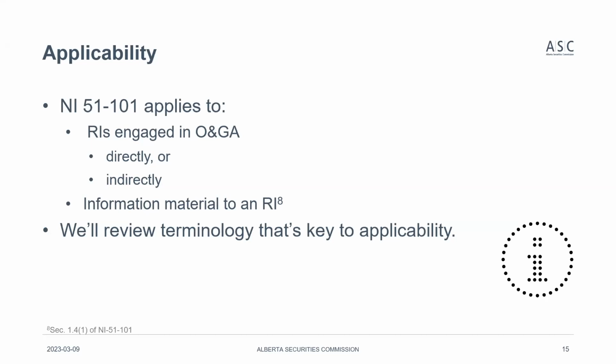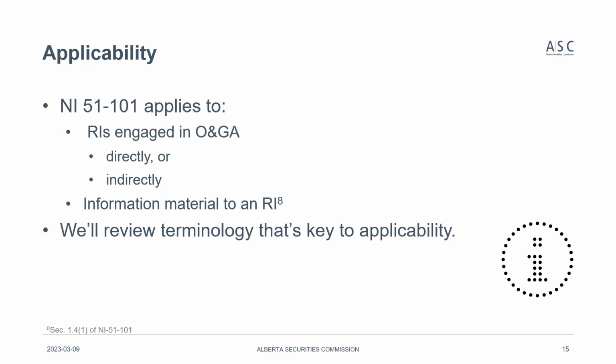But there are other companies that are involved in something else, and by way of other business activities, they find themselves involved in oil and gas, and maybe they're not quite sure what that means. And some issuers don't find out until it's too late that they're engaged, and there are actually obligations associated with that. So 51-101 applies to reporting issuers engaged in oil and gas activities, either directly or indirectly.